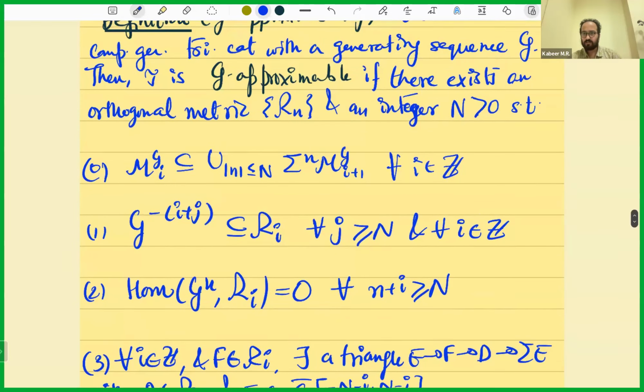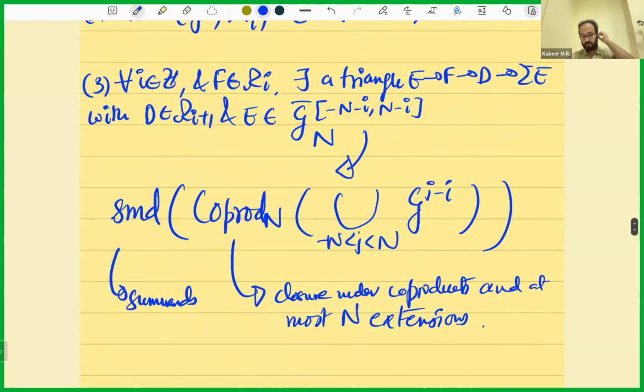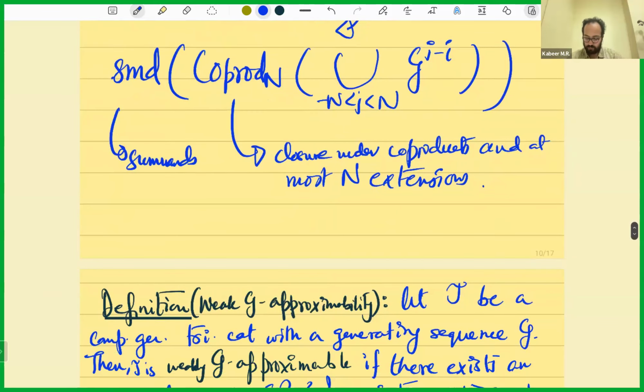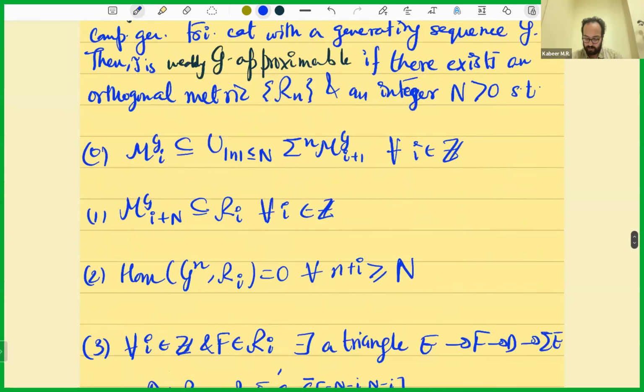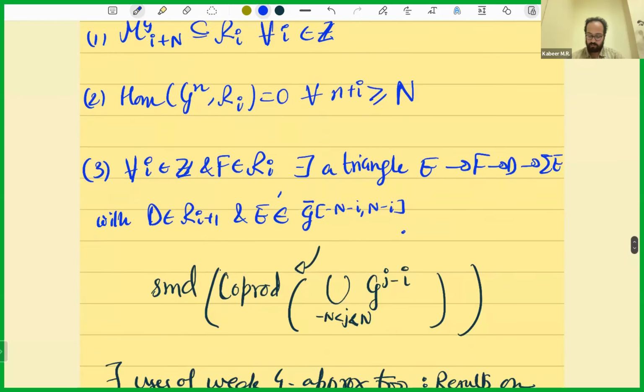And now in the rest of the talk, I'll try to justify why this does give us something interesting. Perhaps before that, you can analogously define a weakly G-approximable triangulated category by replacing the previous subcategory by this one.